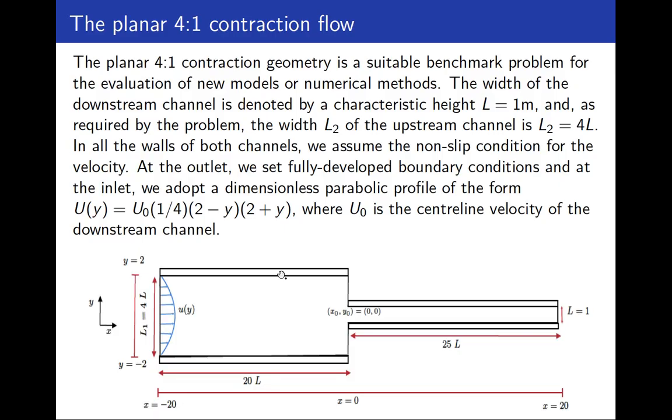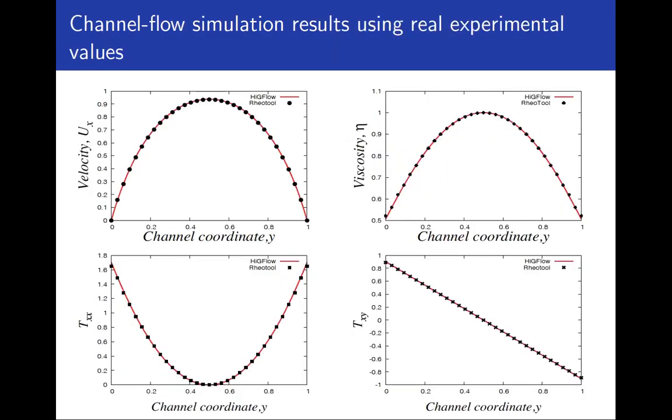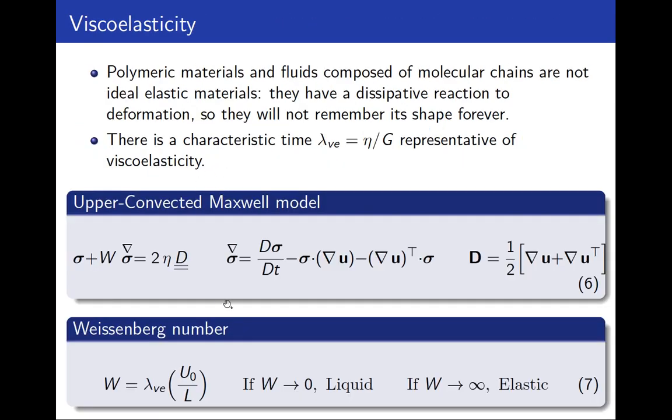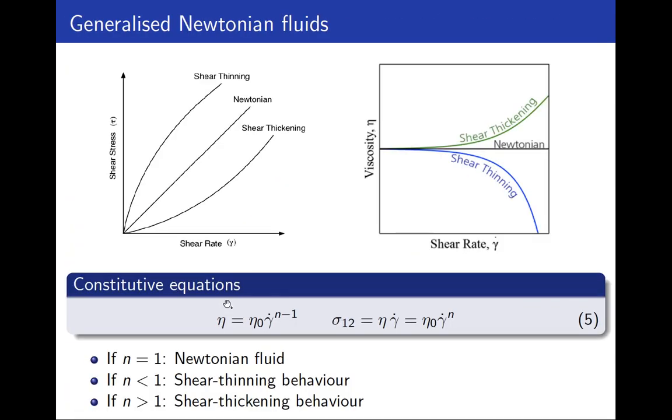We impose no-slip boundary conditions at these walls here and here, but also here and here. That means that the velocity of the fluid close to these walls is going to be 0. And in CFD, as I said before, we impose a velocity here. So we will solve the governing equations. That means the continuity, the momentum, and the constitutive equations, which are the equations that I show here and here.